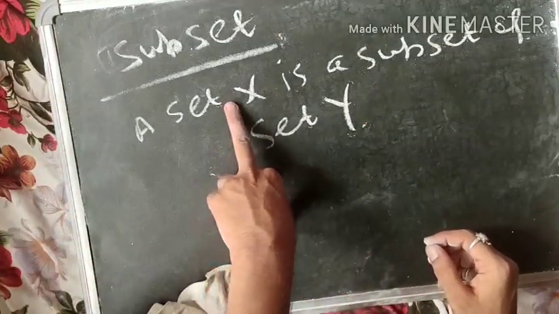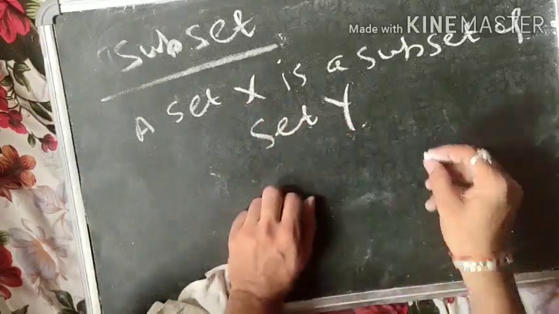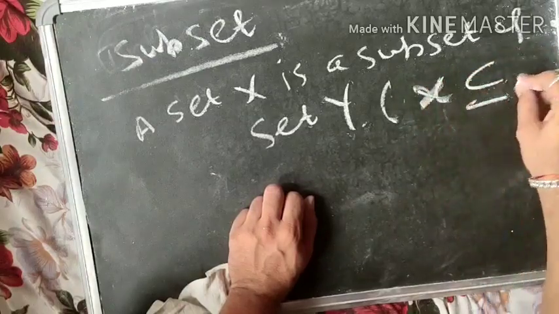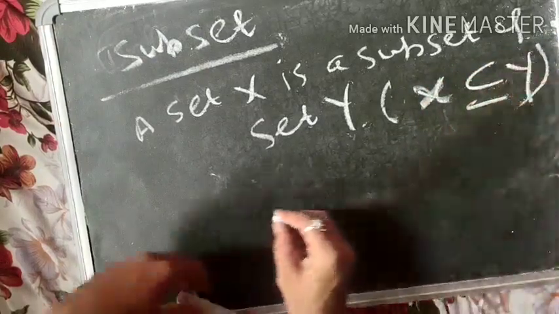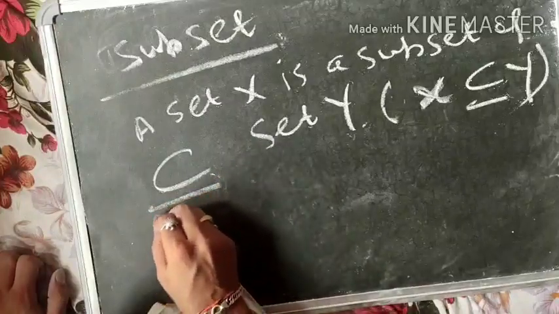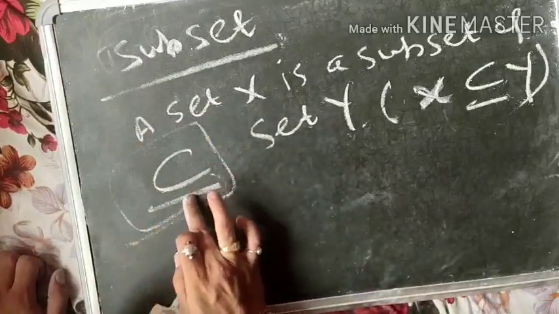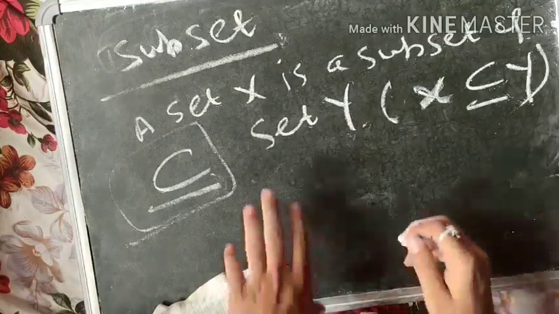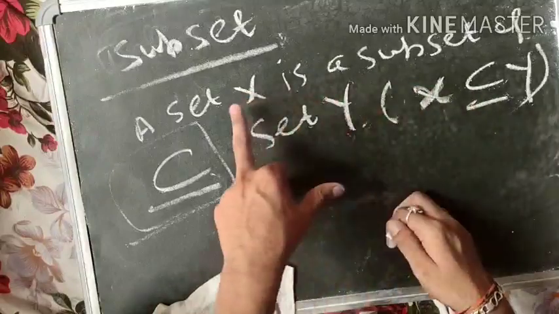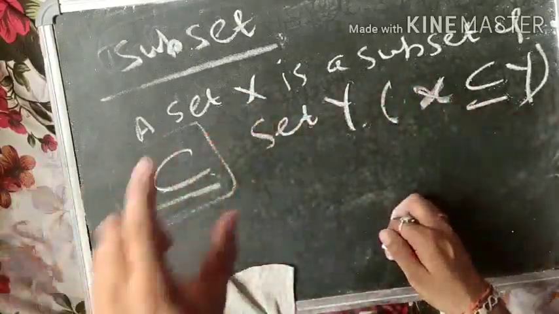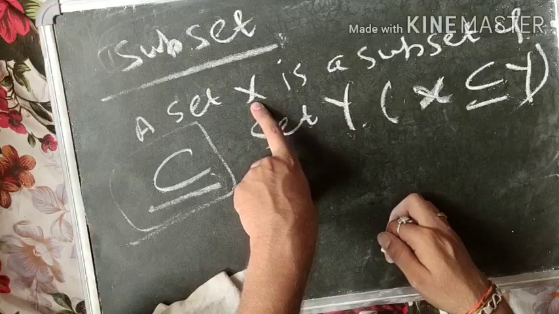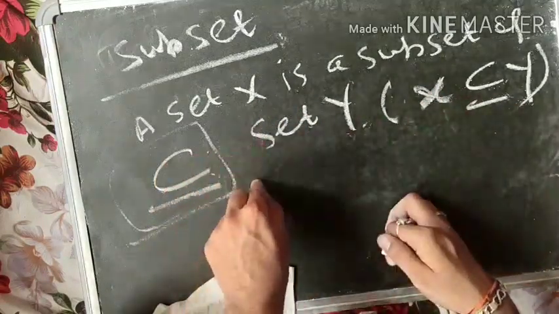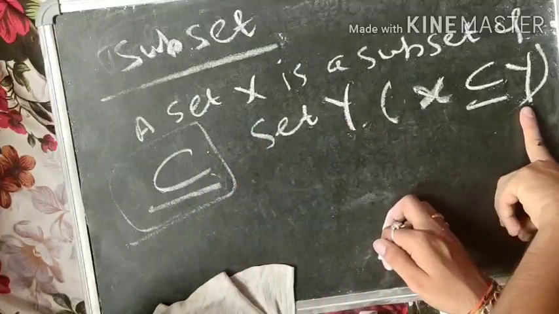We denote it using the symbol X ⊆ Y. So what is a subset? X is a subset of Y if every element of X is an element of Y.